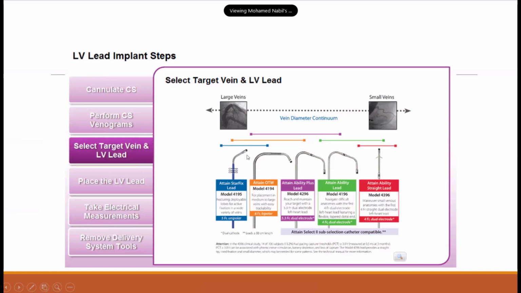There are a lot of types and shapes of sub-selectors, named after the attained leads. You can pick whatever shape you want according to the ostium of the LV lead and the tortuosity.